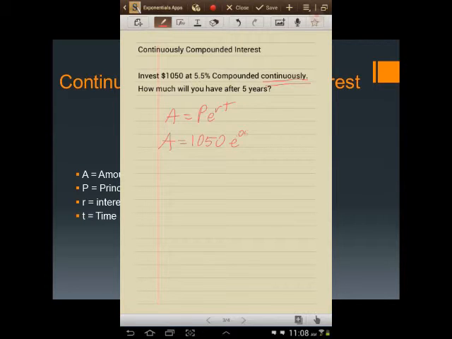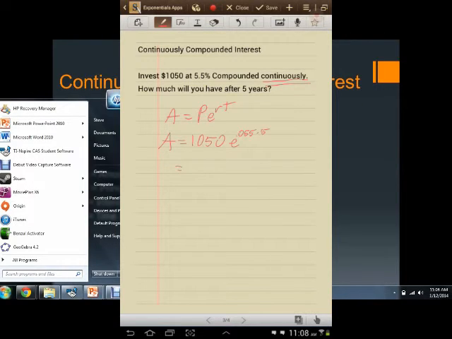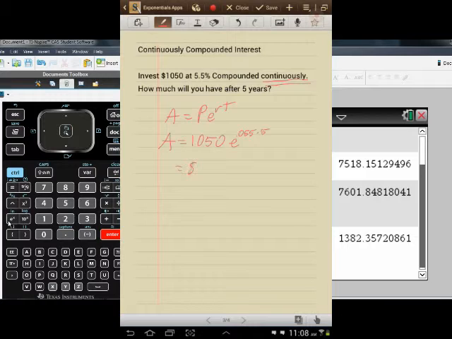E to the 0.055, which is 5.5% as a decimal, times 5 years. Head over to the calculator. Power. $1,382.36. And that's how that works.